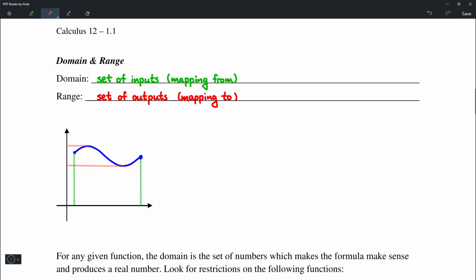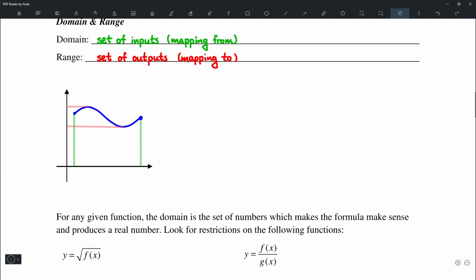So here we have the blue graph of a function, and we're going to look at its domain and range. So the domain, let's say here we have the values a and b, and for the range we have the values c and d. So the domain of this function would just be from a to b.